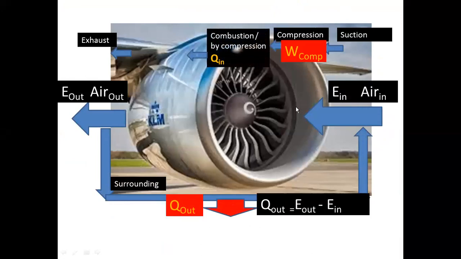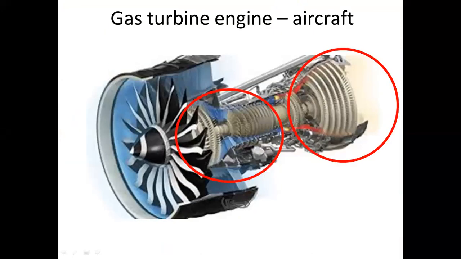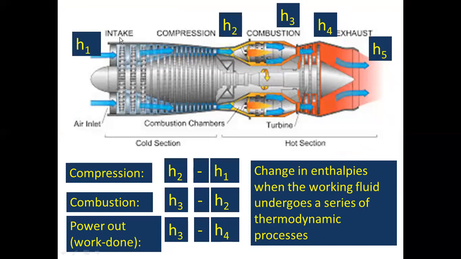The 4 processes you can see: intake and compression, combustion, and the turbine section really delivers the power. So that's the power section, turbine and exhaust. So something like intake or suction, compression, combustion takes place, then you have the power, then you have this exhaust.